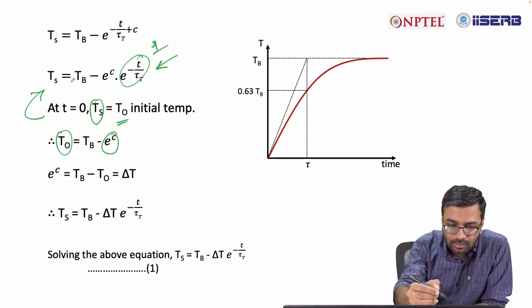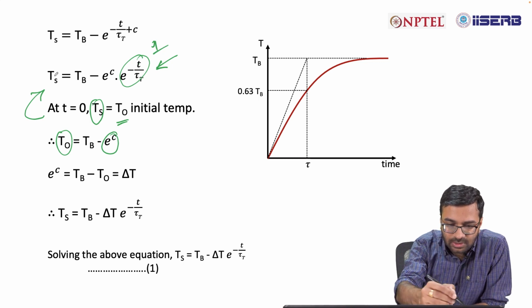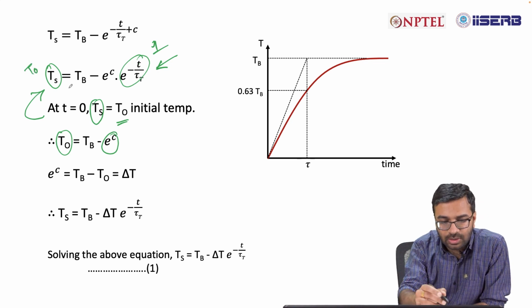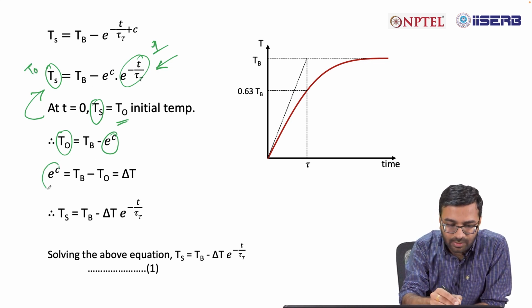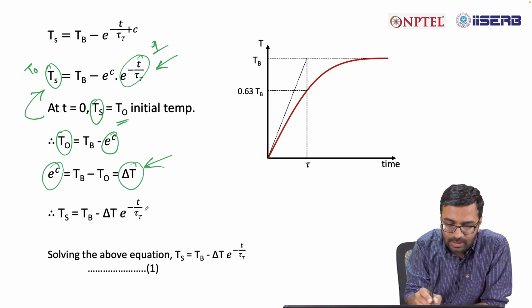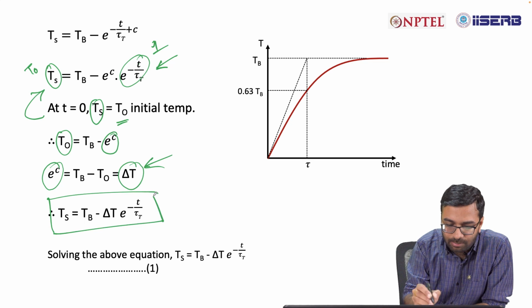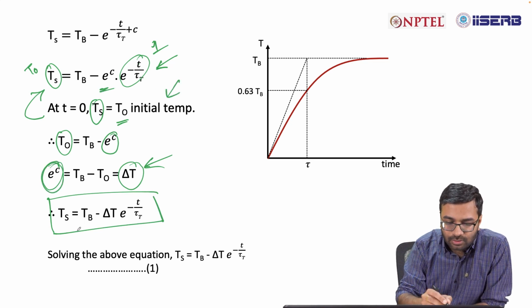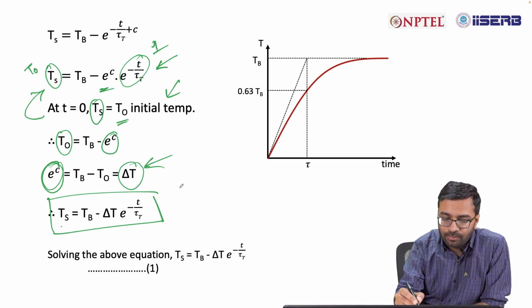So your Ts is T0, so this will be T0. So your T0 is equal to Tb minus e to the power c. So the value of e to the power c is Tb minus T0, which is del T. So ultimately you get this equation. Replace the value of e to the power c with this initial condition. So your Ts is equal to Tb minus del T into e to the power minus t by tau.